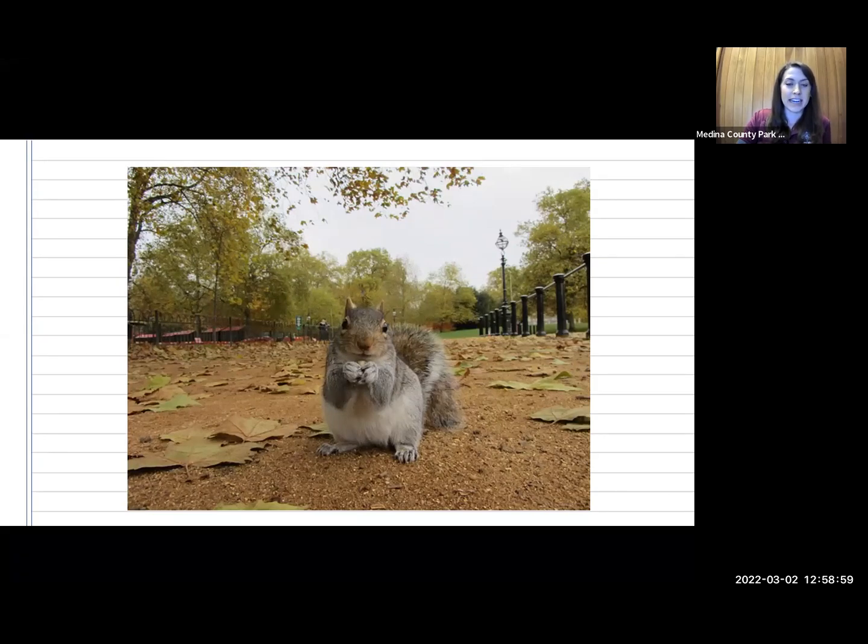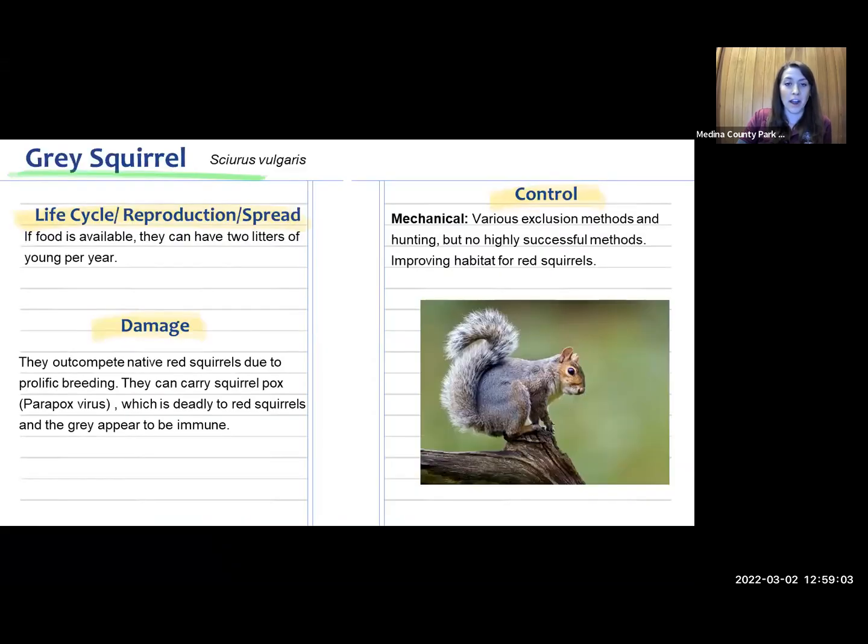This was released in 1876 and is an invasive there with not really any good control method. They are a lot bigger than the native red squirrel that lives there. If the food is available, they can have 2 litters of young per year compared to the red squirrel that just has 1.